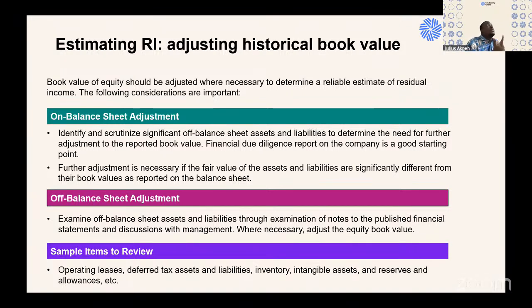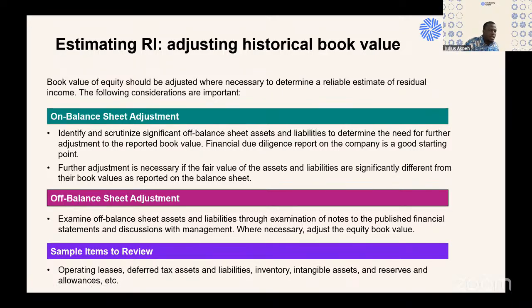So already some off balance sheet things are being accounted for as though they are on balance sheet, right? Now, what we need to do is scrutinize some things, right? So identify and scrutinize the significant on balance sheet assets and liabilities to determine the need for further adjustment to the reported book value.